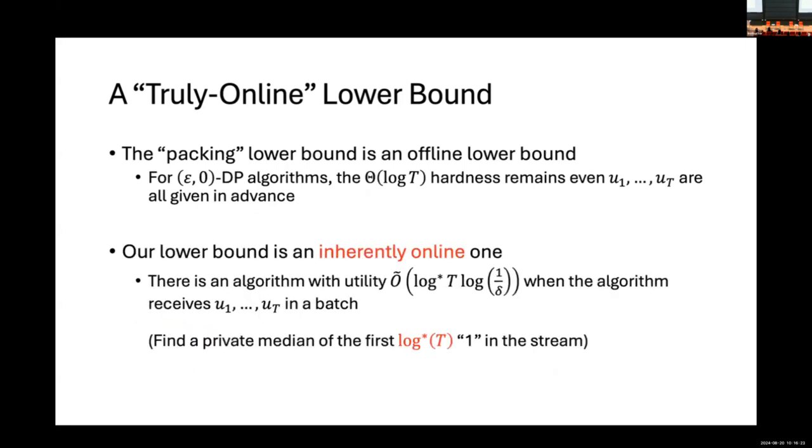Our lower bound, in contrast, is inherently online, because if you are given all these updates in a single batch, you can identify an index to a time step to halt with this private median algorithm, and it can offer you a utility of roughly log star t times log over delta. Here, log star denotes the iterated logarithm, the number of logs you need to take before making your quantity less than 1. Okay, cool.